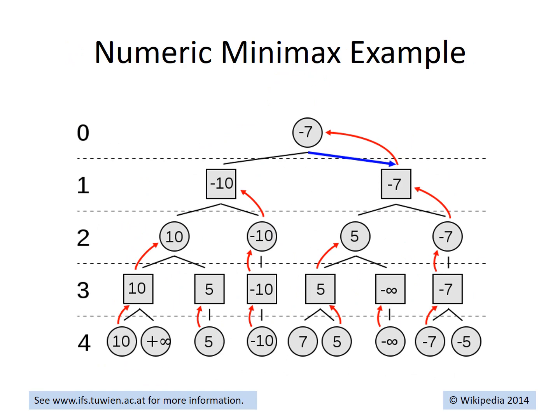Okay, a numeric example, just to make it even better. On the first level, you pick the best option, meaning the one with the best outcome. On the next level, you switch the perspective, and your opponent will pick something that is best for him or her, and so on the third level.